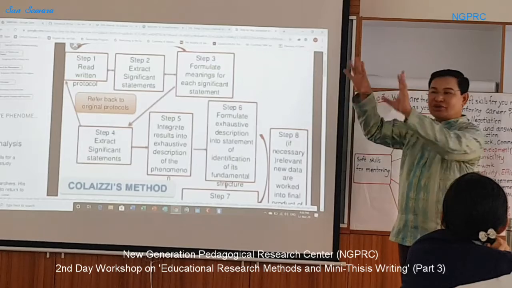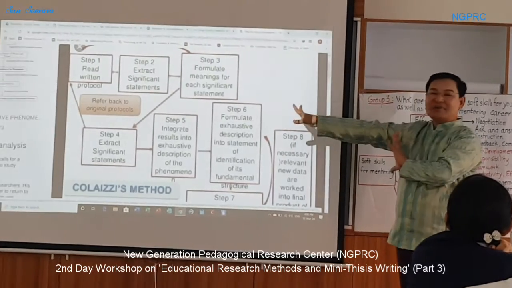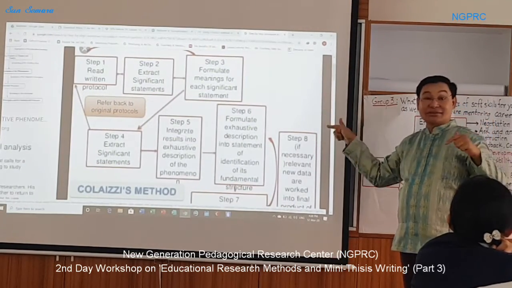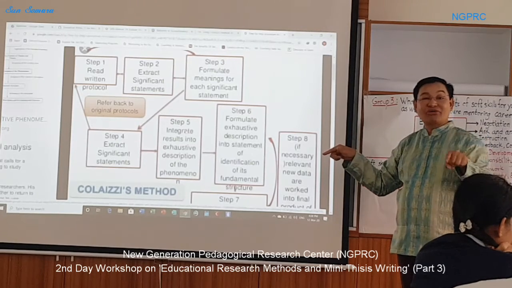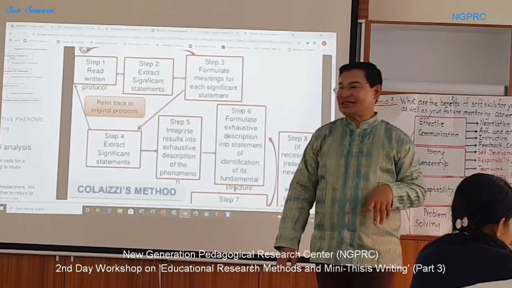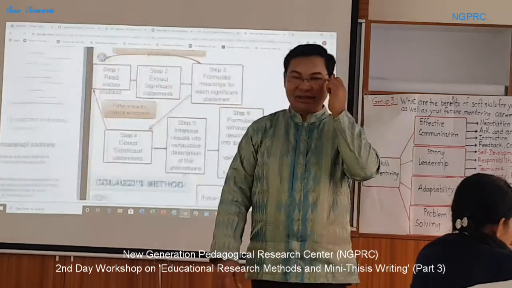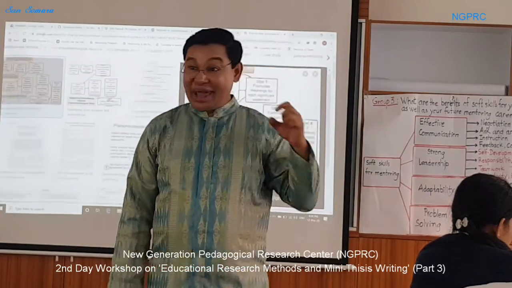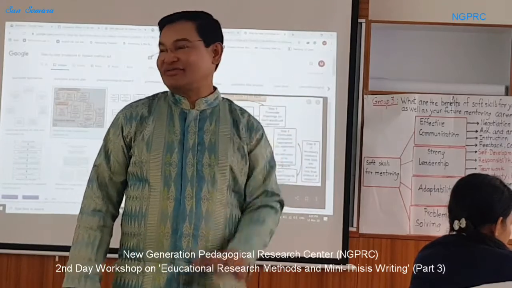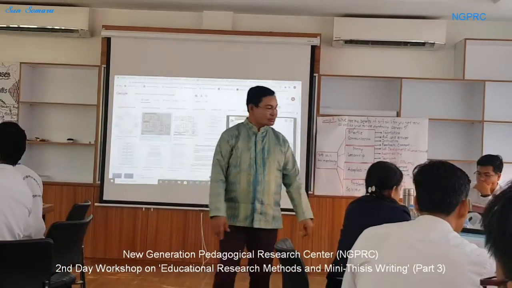And I will no longer do so much of this one. But it is important that you know that there is such a thing as the Colaizzi method of qualitative interpretation of data. Treatment and interpretation. Okay. So what are the two ways? Colaizzi, the other one? And NVivo. Okay.